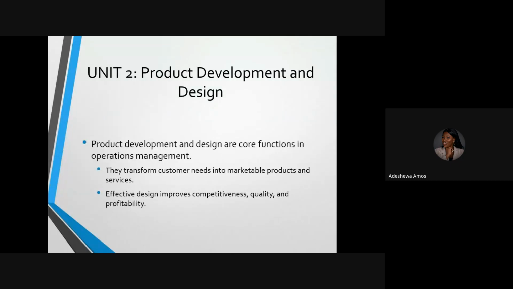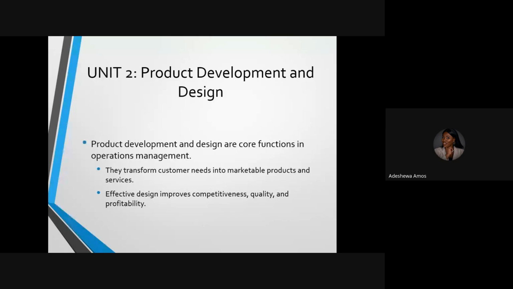So if I have realized that where I am, customers need a place to relax, and I then go ahead to create that kind of place, that means I am performing what we call product development, okay?